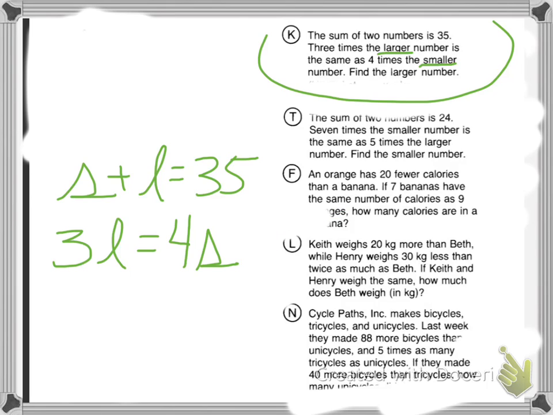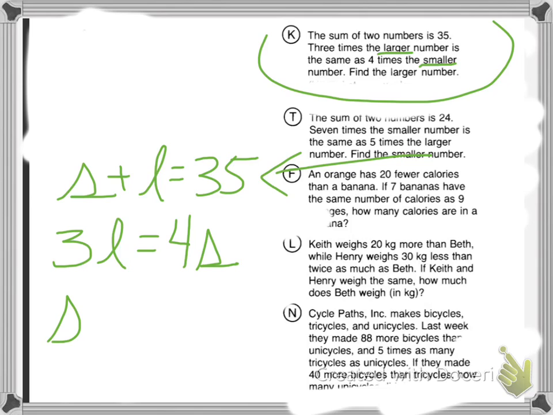Let's look up at the top. Can you get S or L alone there? Absolutely. Why don't we try and get an L alone, just so we would know what the larger number is in terms of, say, S. So if I try to get the L by itself, what would that be expressed as?